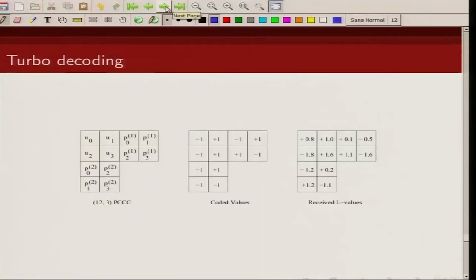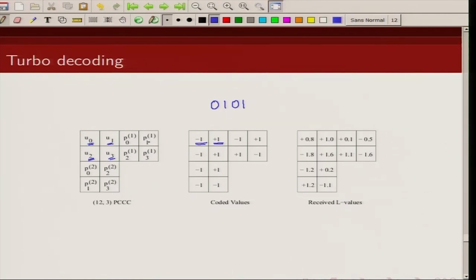These are my information bits U0, U1, U2, U3. As I said, if it is a 0 I am mapping it to -1, and if it is a 1 I am mapping it to +1. So the information sequence here is U0 is 0, U1 is 1, U2 is 0 and U3 is 1.